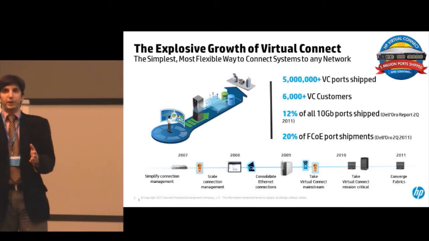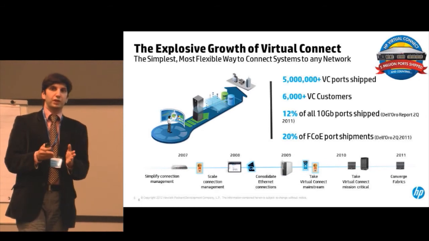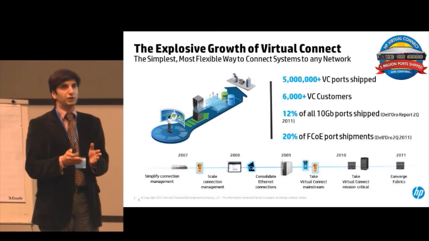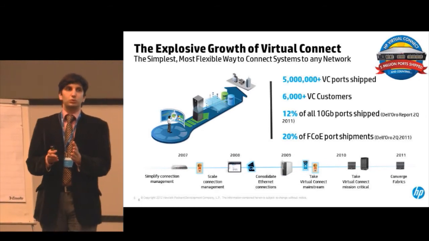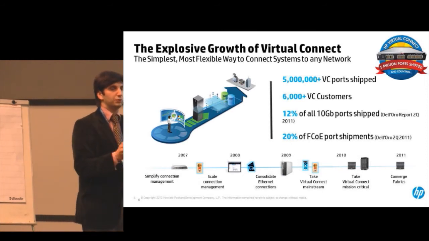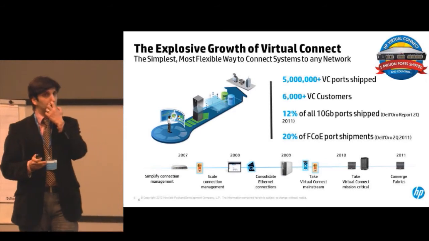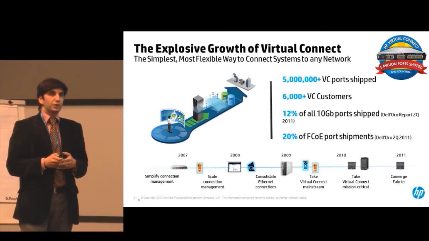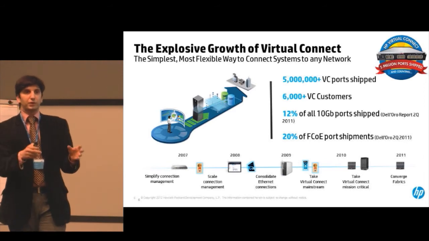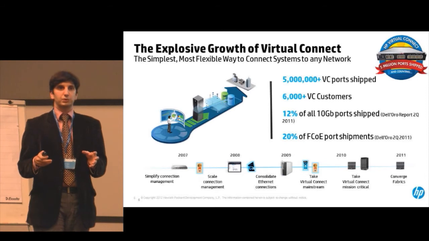So we had enough bandwidth, and we wanted a way to make efficient use of that bandwidth. The Flex 10 technology provides an opportunity to chop each 10G connection into 4 separate parts, which we called Flex NICs, which are capable of carrying different network traffic. By doing that, we moved away from the necessity to have multiple interconnect modules and multiple adapters in the same server.